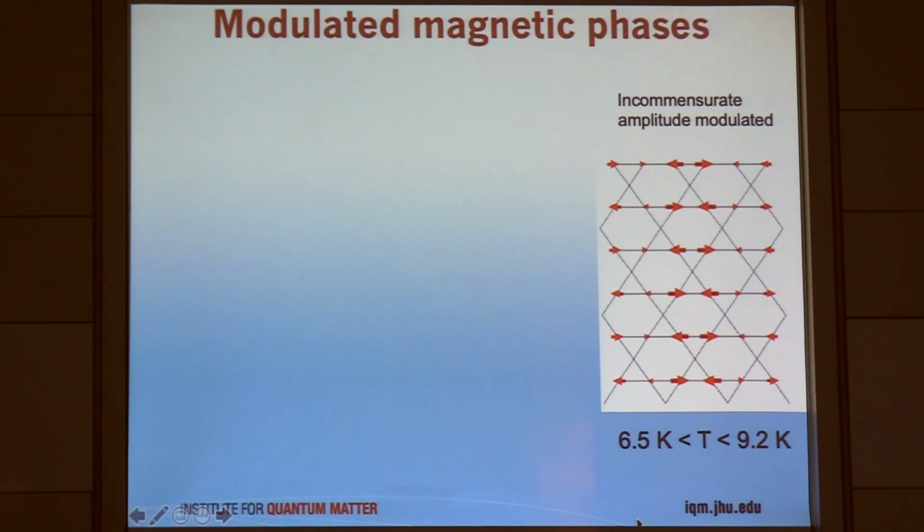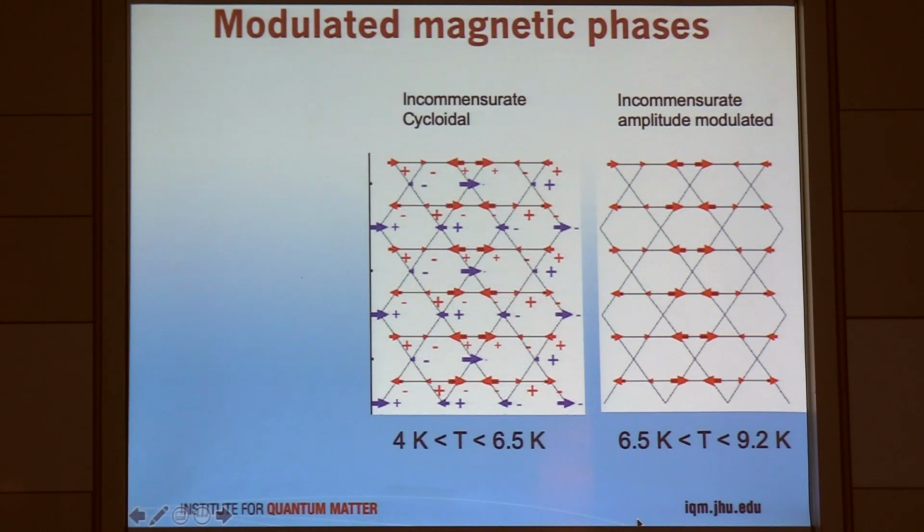It's an incommensurate state. But then because of single ion and exchange anisotropies, actually a second irreducible representation is brought in, which generates an out-of-plane component that I've indicated with pluses and minuses here. So actually, this has become a cycloidal state, from an amplitude modulated to a cycloidal state.